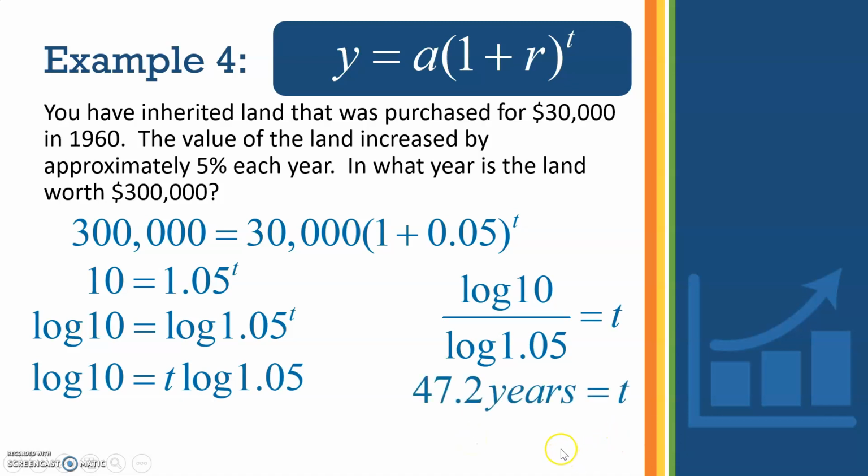It will take 47.2 years for the land to become worth $300,000. If it was purchased in 1960, 47 years later would be 2007.